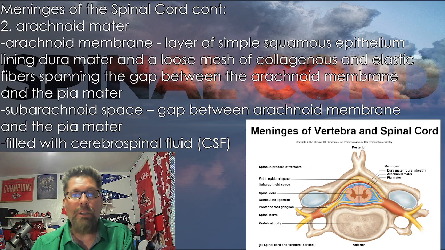The arachnoid mater is special because it contains the cerebrospinal fluid, which is really important in the nourishment and the resources provided for the spinal cord and the brain. Once we talk brain, we'll talk a lot more about the cerebrospinal fluid as far as its components, so that'll be in the next chapter. But just recognize it is contained in the arachnoid mater.